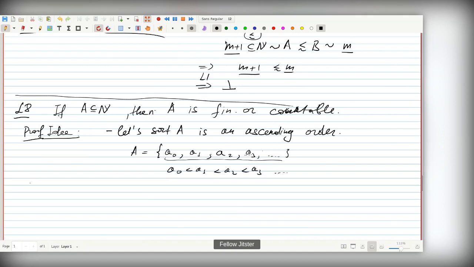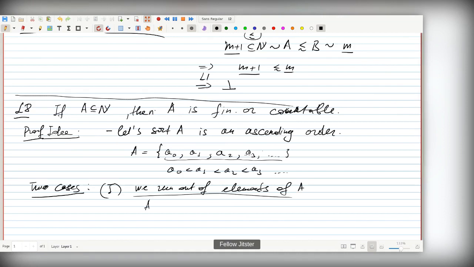So then we have two cases. The first one, we run out of elements of A. What does it mean?